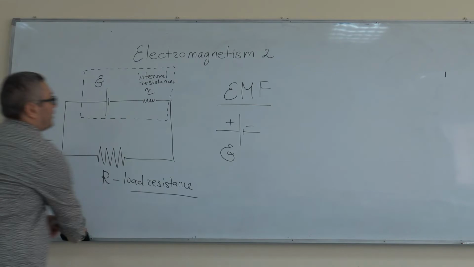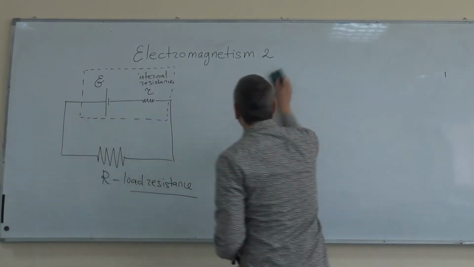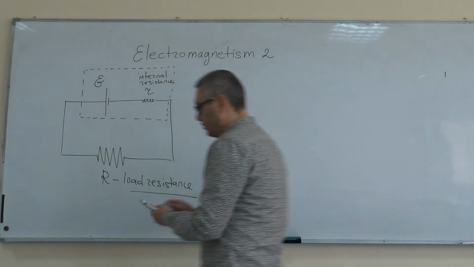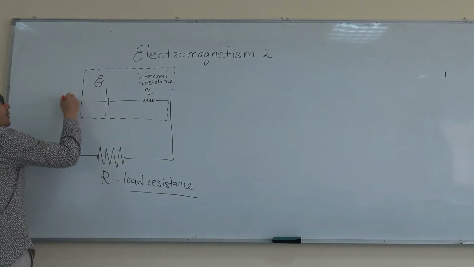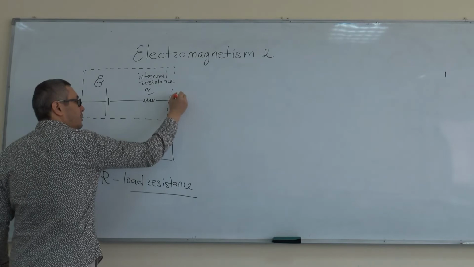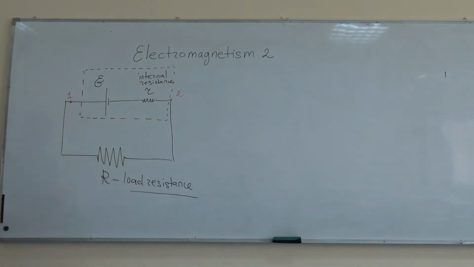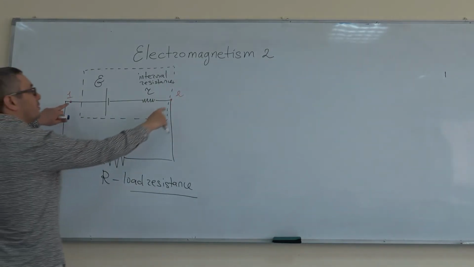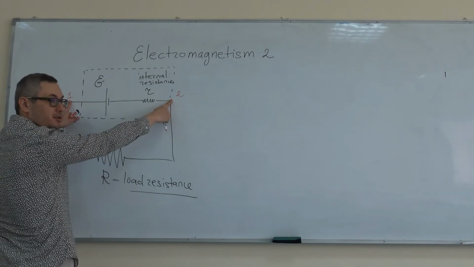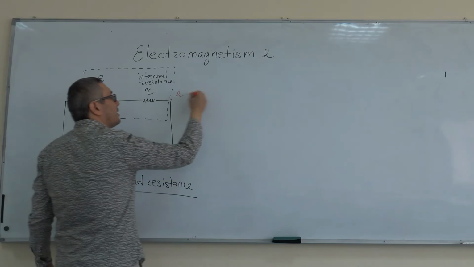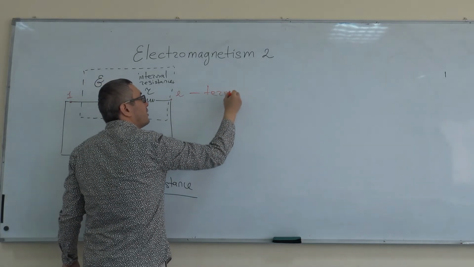Now, in this simple circuit, we can label 2 points. We can label point 1 and point 2. Now, these 2 points, which are just outside the battery, are the terminals of the battery.